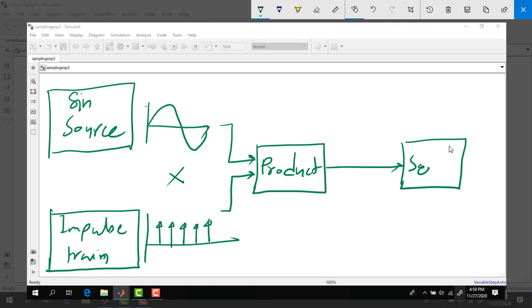So we need the scope block as well. So only 4 blocks and the experiment is done. This is one of the most straightforward experiments. So nothing to worry or nothing to be afraid of here. Basically very simple. So we need these 4 blocks: sine source, which is already familiar, then impulse train, then product, and then scope. So let's get started.